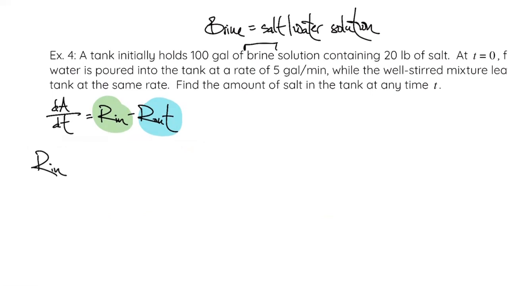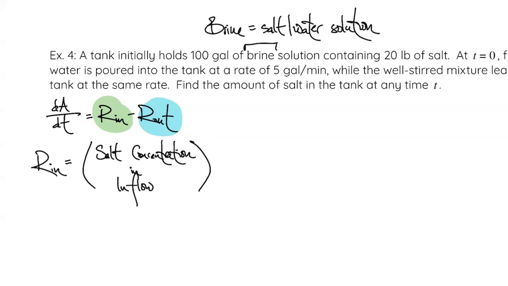So rate in, I'm going to use an equal sign, is going to be the salt concentration in the inflow, meaning how much salt is coming in, like in pounds per gallon. And we're going to multiply that by the input rate of the brine solution, okay?